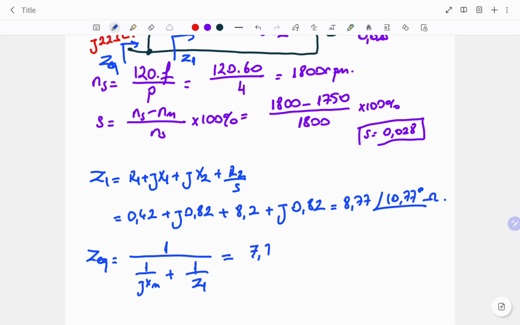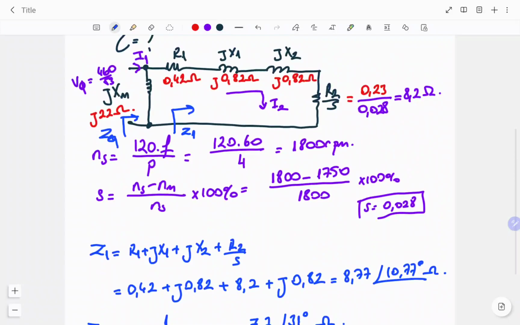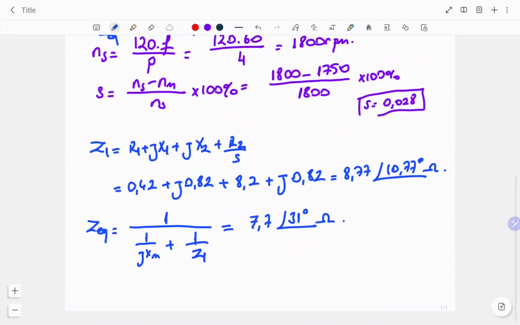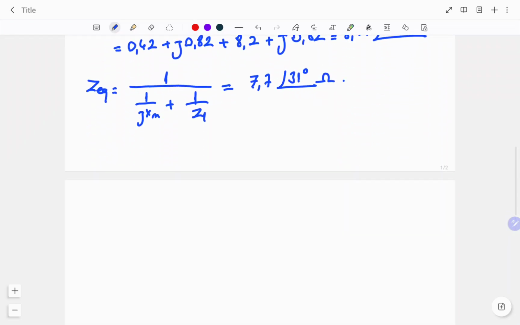From here, if we use the given and calculated values, the magnitude of the equivalent impedance will be 7.7 and the angle will be 31 degrees. Now the input current I1 can be calculated. How? By using the voltage and the calculated impedance.